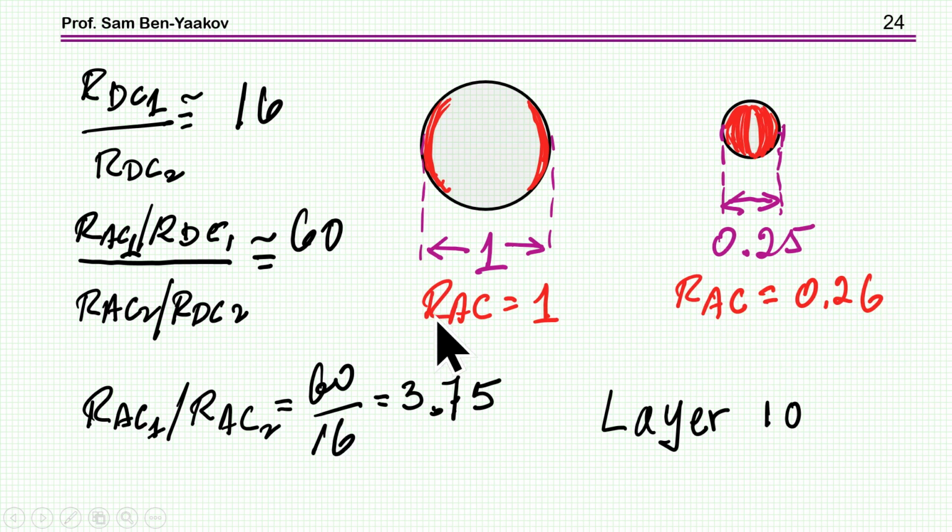So this means that for the 10th layer, RAC of a thinner wire will be much lower than RAC of this bigger wire. This is kind of counterintuitive. You would have thought that if you have a thick wire, then RAC by itself will be low. Well, it turns out that that's not the case. Now, here I'm not taking into account the lower layers. I'm just talking about this upper layer number 10.